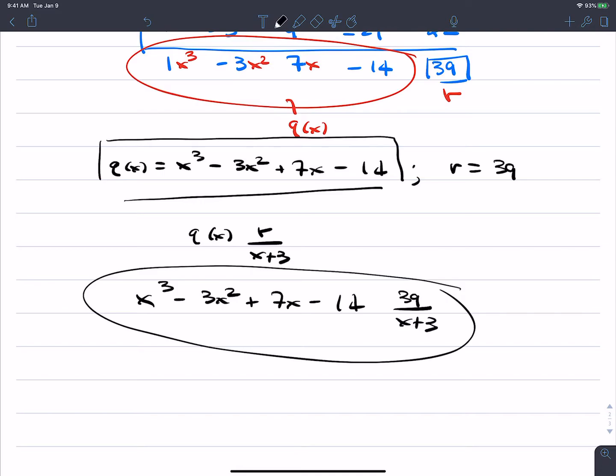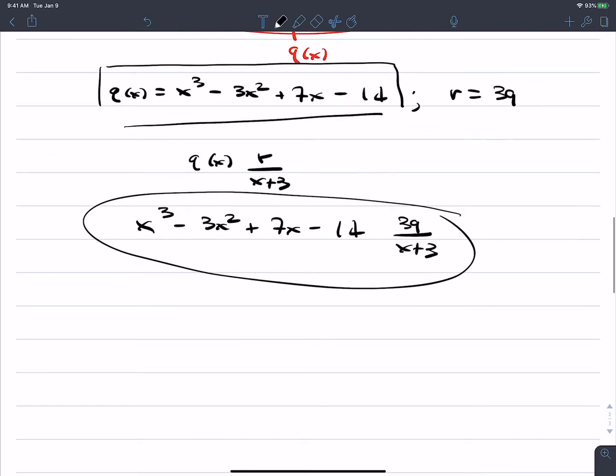I also want to remark here for the number 7, we also gave you the division algorithm.